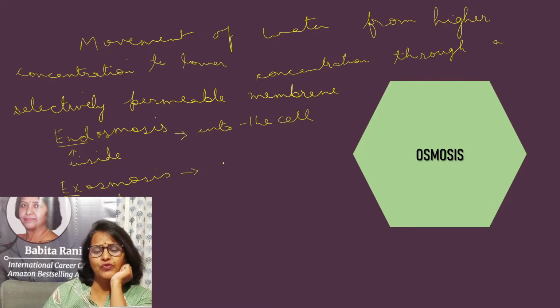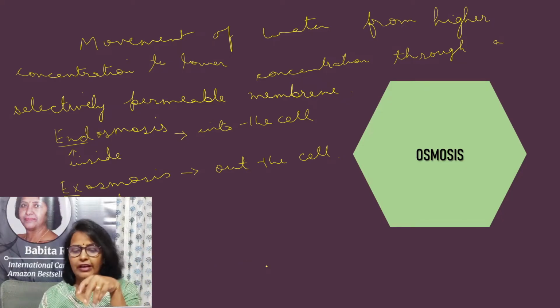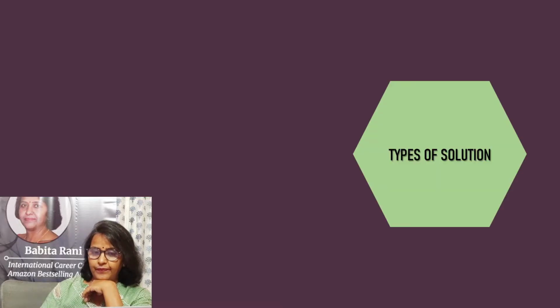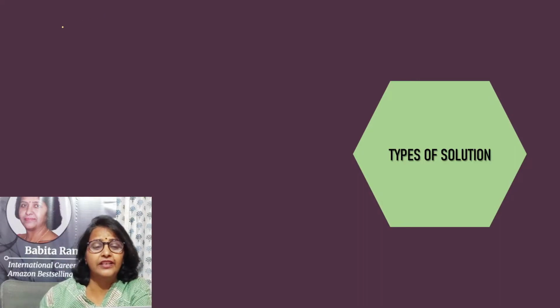If the water moves out of the cell, it is called exosmosis. Now, when will exosmosis and when will endosmosis take place? We will see this, and how can we say what has taken place? What are the different types of solutions that we will consider when we study osmosis?